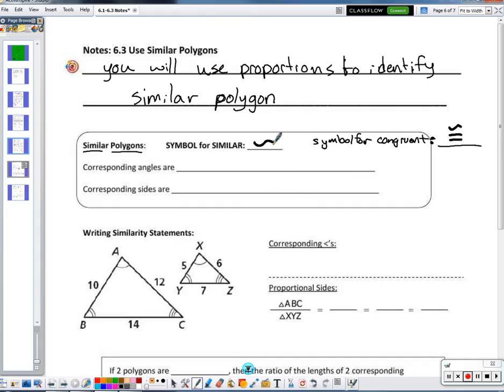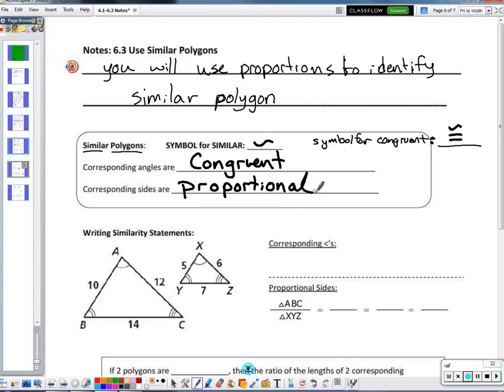So, what makes two polygons similar? The corresponding angles are congruent. The corresponding angles have to be congruent. However, the corresponding sides are proportional. The angles are congruent, but the sides are proportional.